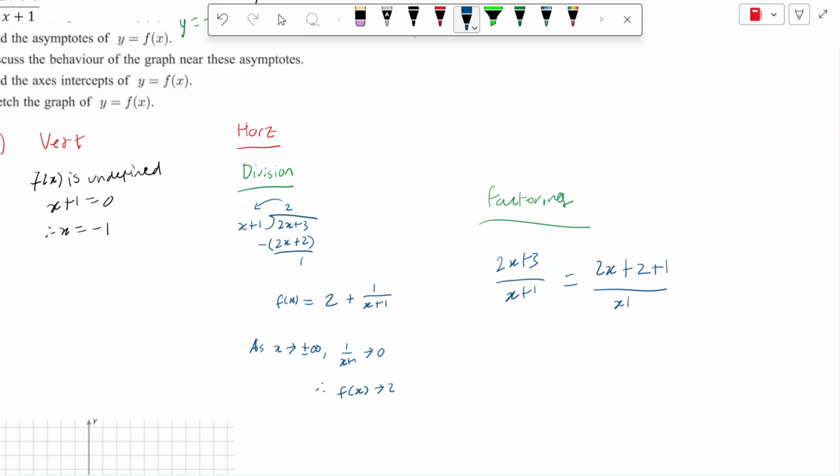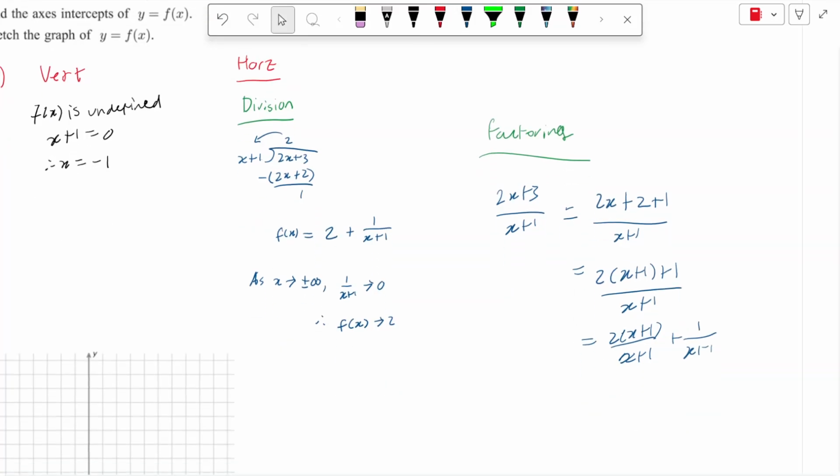And you get 2 brackets x plus 1 over x plus 1, and then that's 2 lots of x plus 1 over x plus 1 plus 1 over x plus 1. And then that gives us the same result as what we got before. So this is factorizing, I guess, only if you hate division. But the division method is preferred.